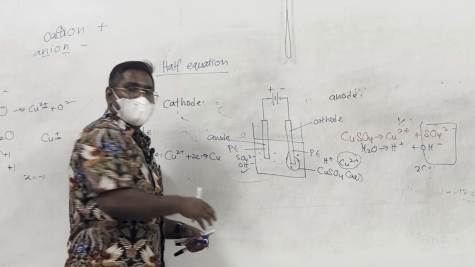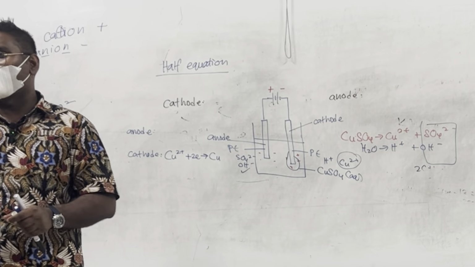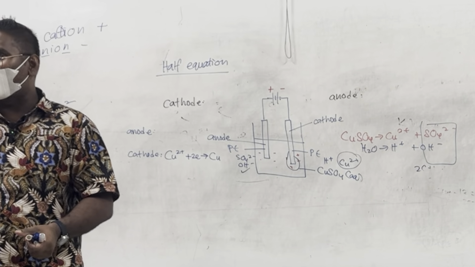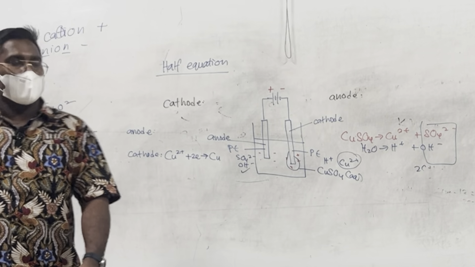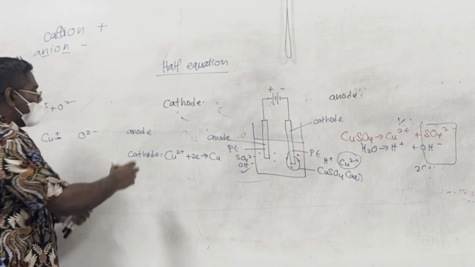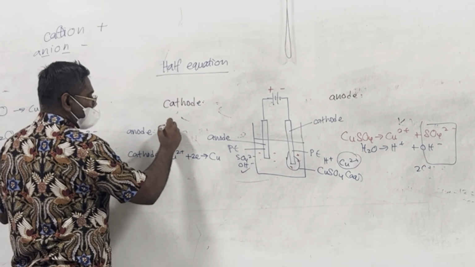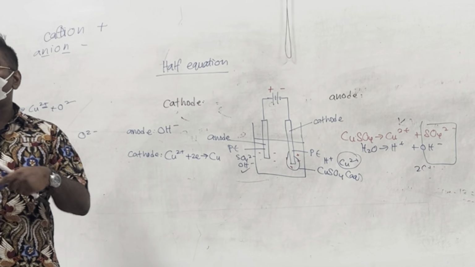OH- will be selected. There are certain cases when we are using concentrated chloride, then chloride will be more, then Cl- will be selected. But this one is under normal condition, OH- will be selected. So OH- is going to be selected to give you something.